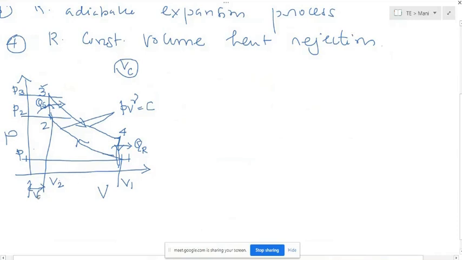The distance traveled by the piston from V1 to V2 is the stroke volume. So stroke volume is nothing but V1 minus V2, and the whole thing we can say is the total volume, right?